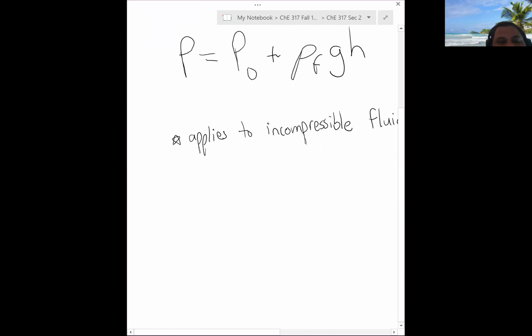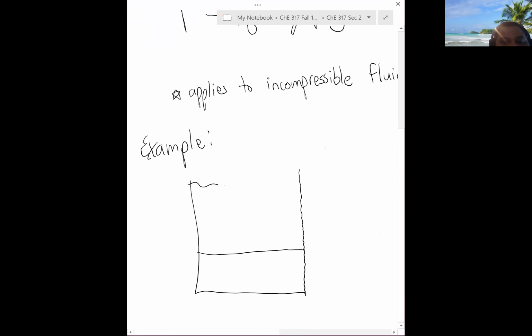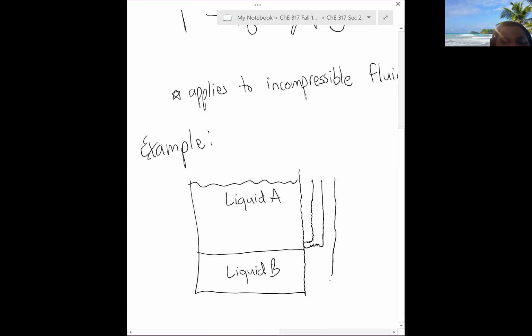So let's say I have a tank now with two fluids, a liquid A and a liquid B. And in this tank, I have two manometers, one at the bottom of the first liquid and one at the bottom of the second liquid. Now, the specific gravity of A is 0.72, and the specific gravity of B is 2.36.